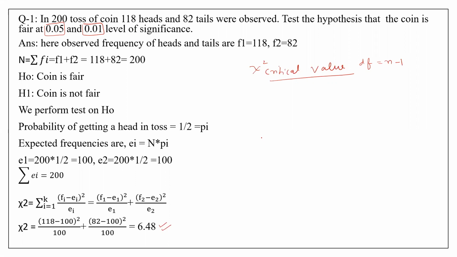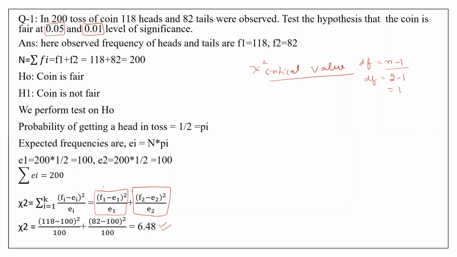What does n minus 1 degree of freedom mean? You count here how many frequency pairs you have taken. Here you have taken 1 and the second, so 1 and 2, so your degree of freedom becomes 2 minus 1, which is 1.